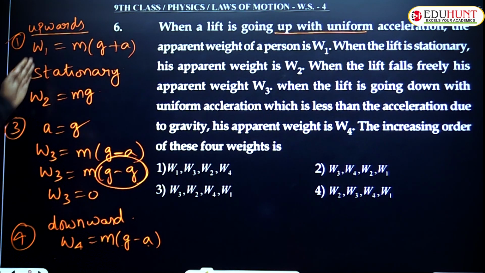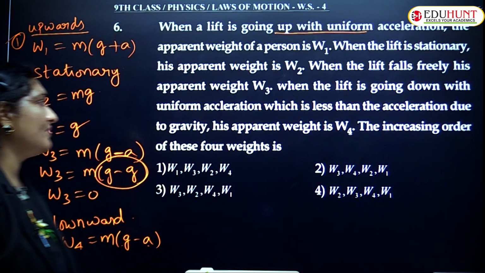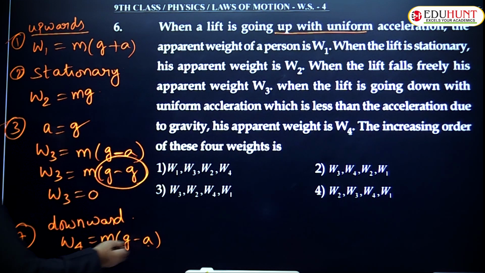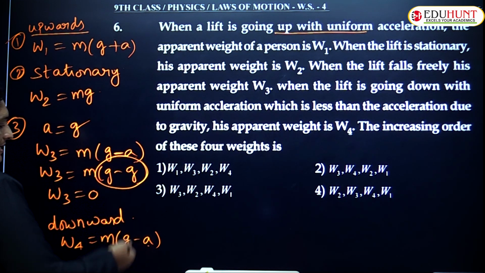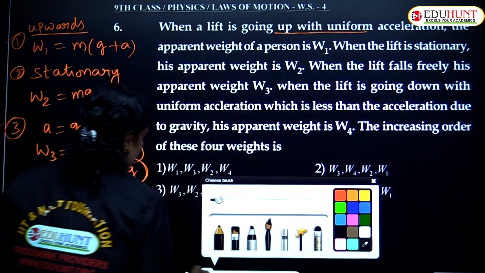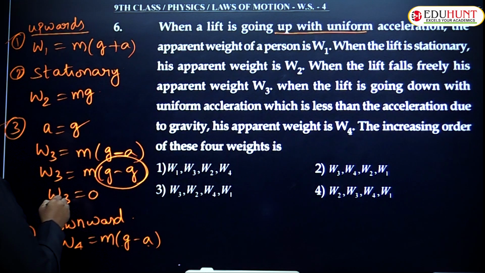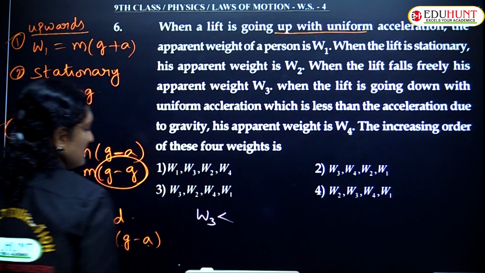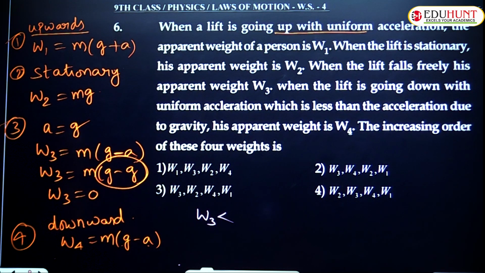Okay, so we know W1, W2, W3, W4. The increasing order of these 4 weights is, among all the things, which is smaller, children? This one is smaller, because you'll be getting a positive value here since a is less than g. So W3 is the least value, less compared to all values.